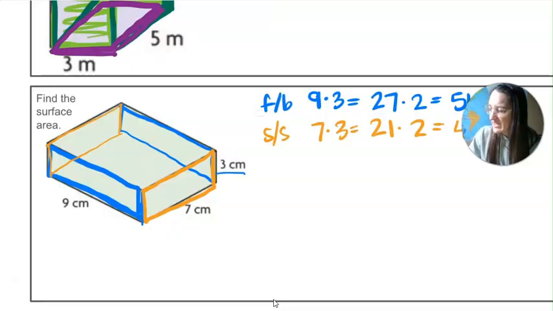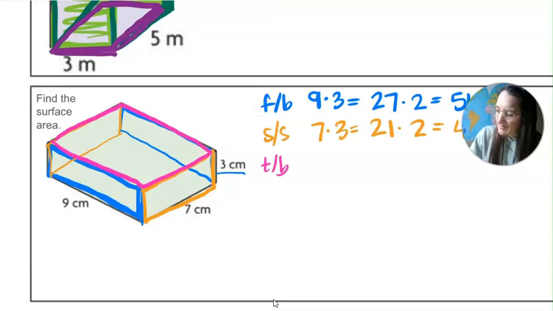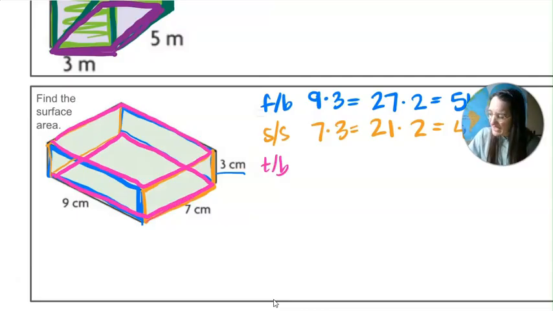Okay. And then my top and my bottom. Here's my top. And my bottom is underneath where you can't see it. And the labels for that is there's a 7 and there's a 9. That gives me 63 times 2 would be 126.